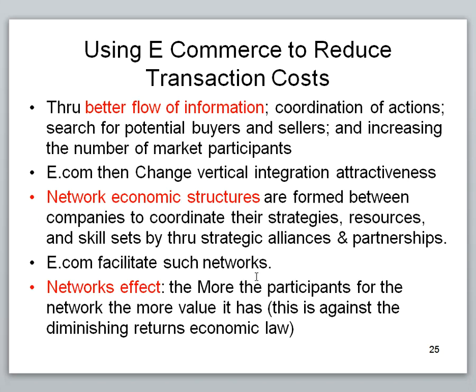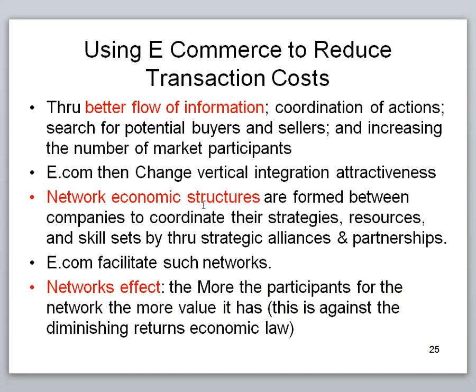The last point we have in our chapter here. We're still talking about e-commerce reducing transaction costs. They enhance the flowing of information. They provide what is called a network economic structure.